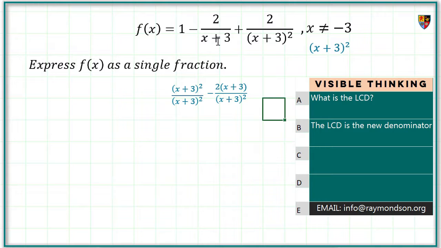So if I multiply x+3 by x+3 to get (x+3)², I need to multiply my minus 2, the 2, by x+3. So that's what that's going to look like. And then, well, the plus 2 on (x+3)², that third term already has our lowest common denominator, so there's no need to rewrite it.